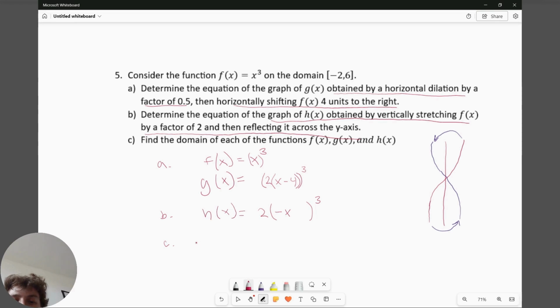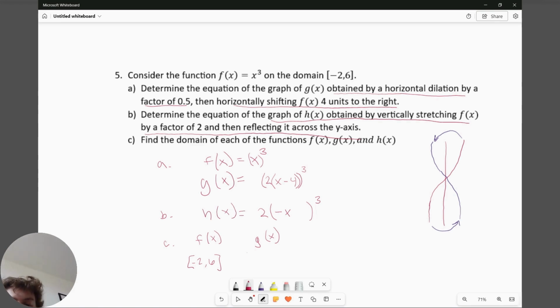C, then find our domain. We already know the domain for f of x is negative 2 to 6. Remember, domain is just something that affects the x values, right? Domain is the x. So all I care about is what is changing the x values in this case. Well, for g, we had a dilation of a factor of 1/2 and 4 units to the right.